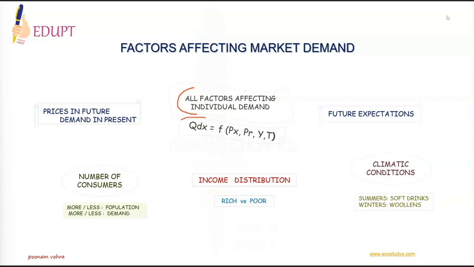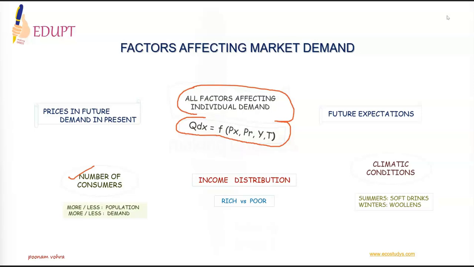That is, quantity demanded of commodity X is a function of price of the commodity itself, price of related goods, income of the consumer, tastes and preferences of the consumers. In addition to these factors, market demand is also influenced by number of consumers.